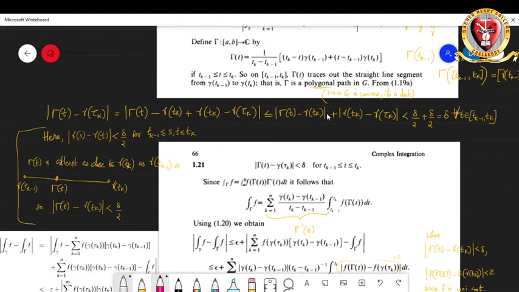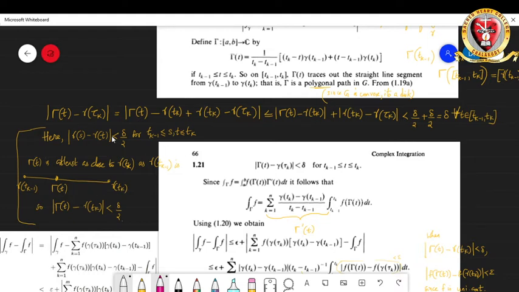And we can say that this small gamma of tk minus small gamma of tau k will be strictly less than delta by 2, because this tk and tau k are coming from the partition which is very small. They are lying very close to each other.